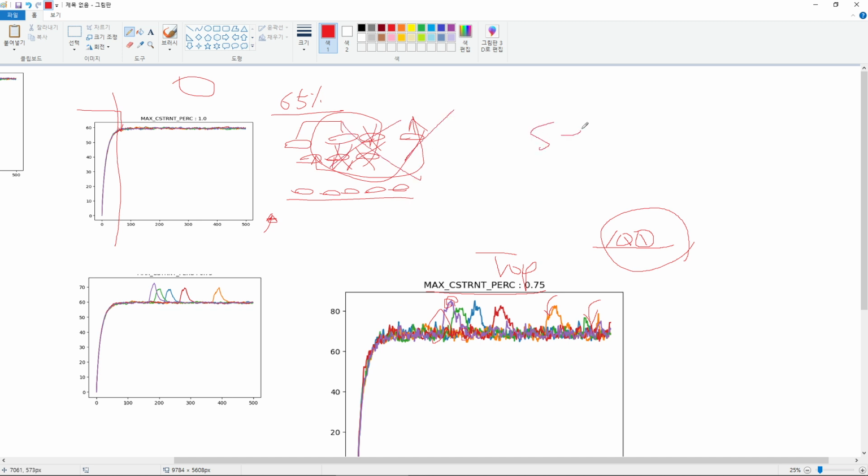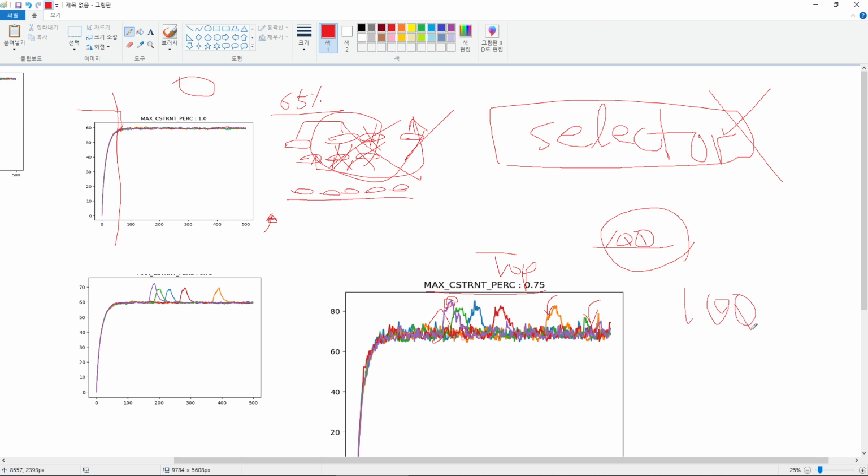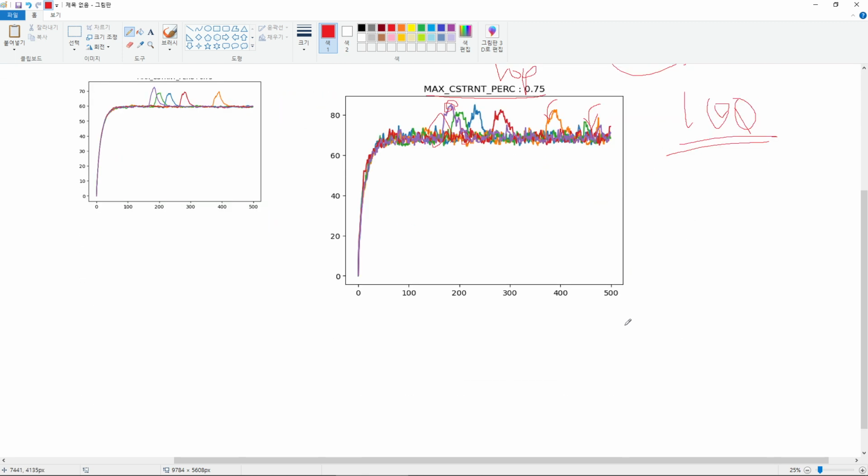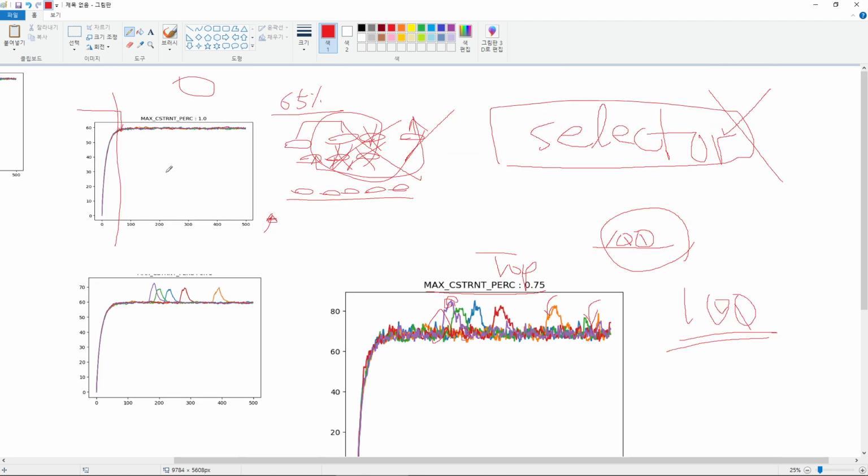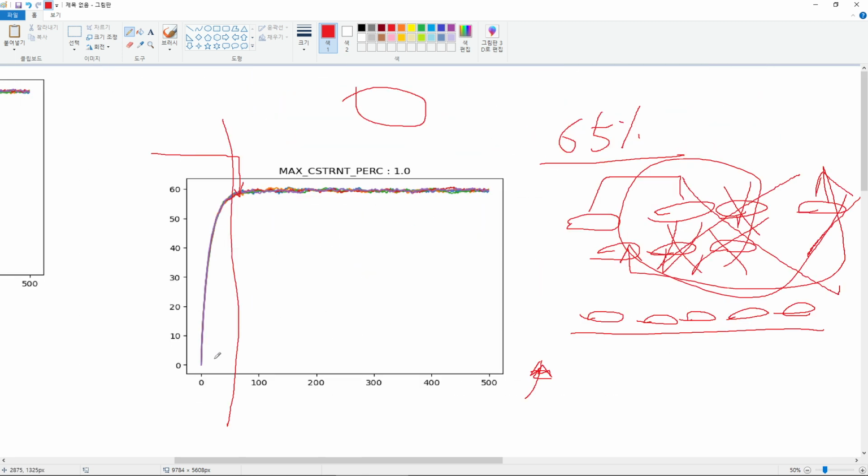And the selector function is not actually selecting anything, because everything just goes. So what happens is this. Nothing is being taken out, and all we can do is just mutate through. That's what happened.